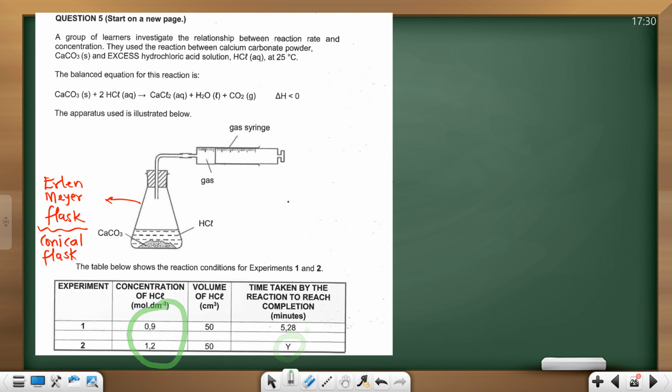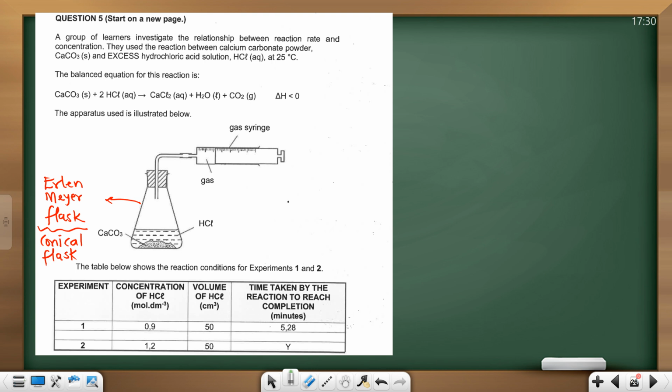I want to ask you a question. The value of y, should it be greater than 5.28 or smaller than 5.28? That's a very tricky one. Greater or smaller than? Talk to me.